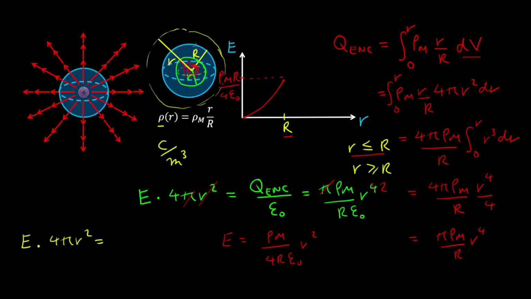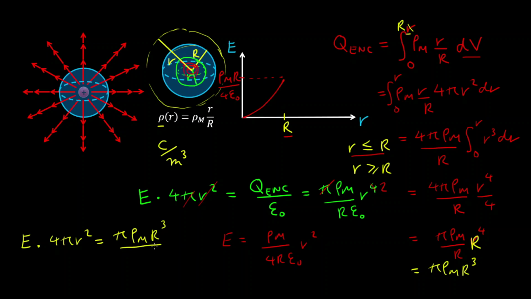This time the charge enclosed is in that entire sphere, so we instead integrate from 0 to R, and that's going to give us pi rho m on R by R to the 4, which is equal to pi rho m R cubed.